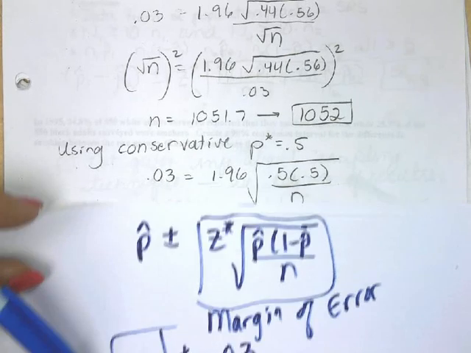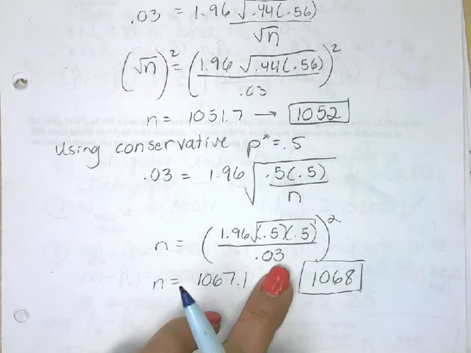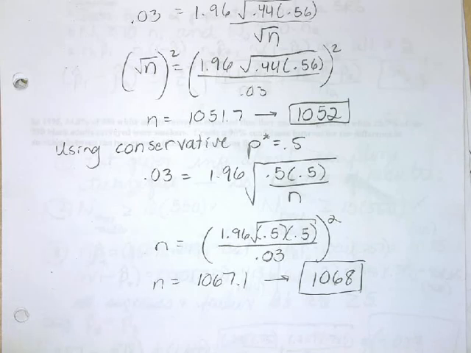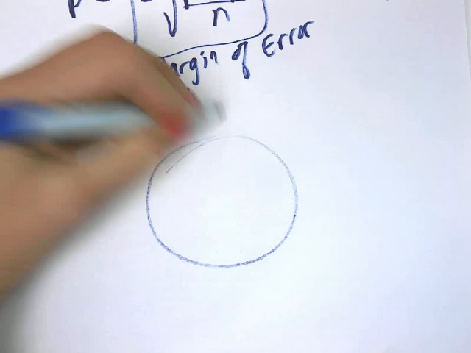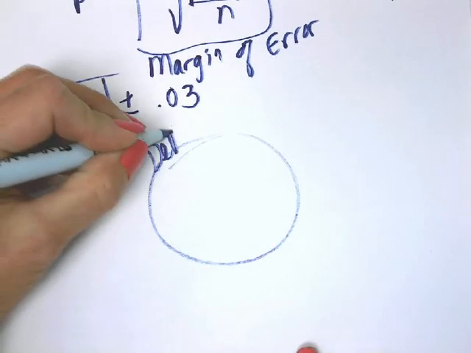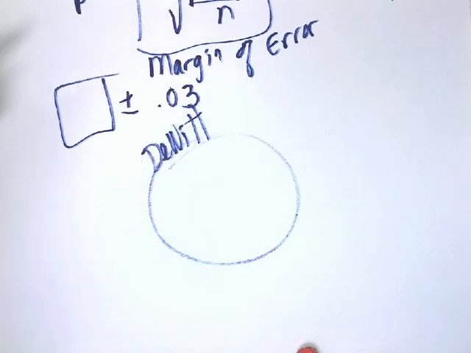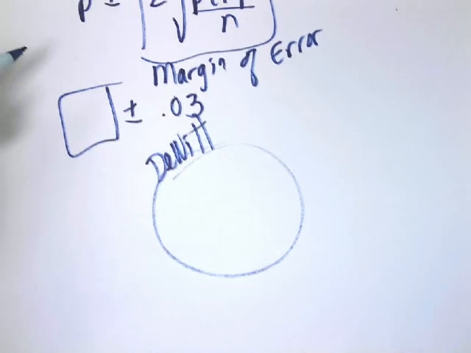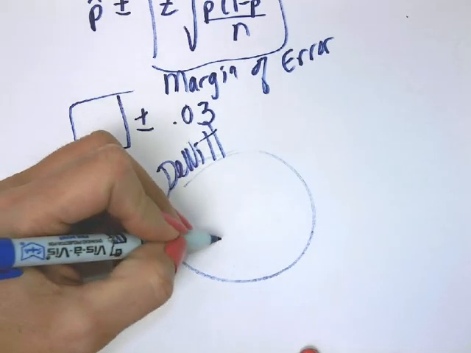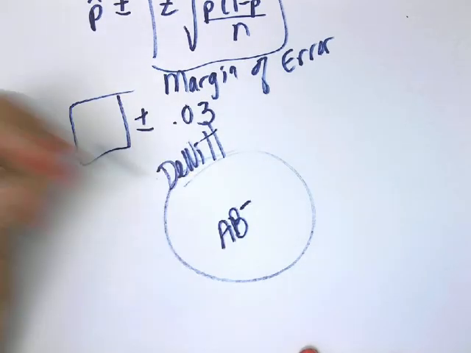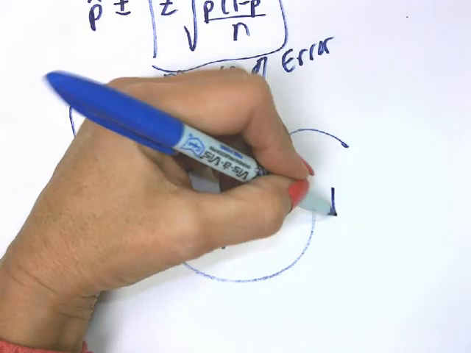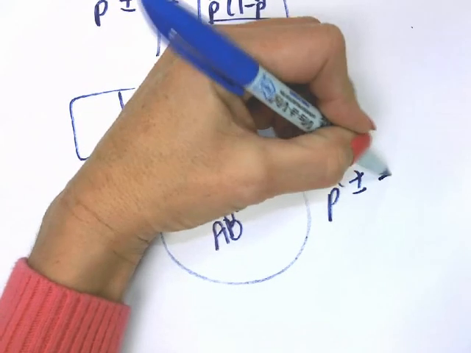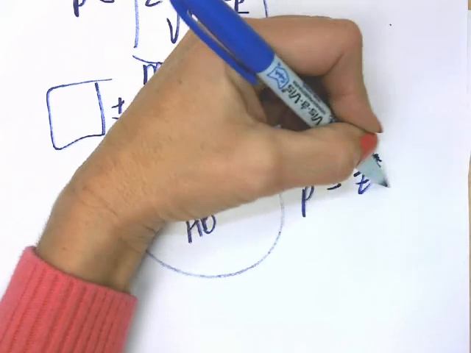Now, you won't necessarily always use 0.5 there. For instance, let's say you had a setup where you were looking at a population, say, in DeWitt, and you want to know what proportion of people are AB negative blood type. You're going to take a sample and get a confidence interval that's going to look something like this.